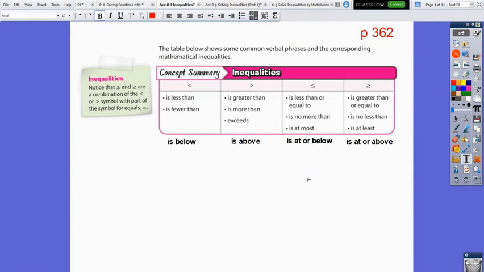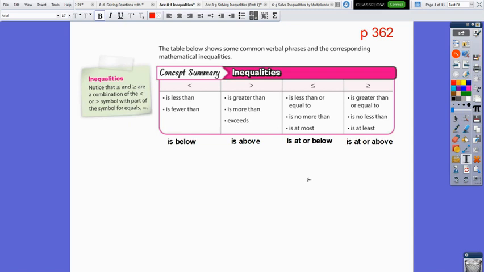All right, so knowing how to translate words into inequalities is probably one of the more important skills of this lesson here in accelerated math. So when do you use the greater than or less than sign, and when is it greater than or equal to? When does it include the boundary number, the edge of your values?